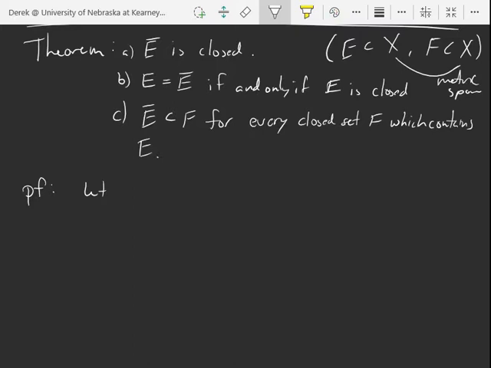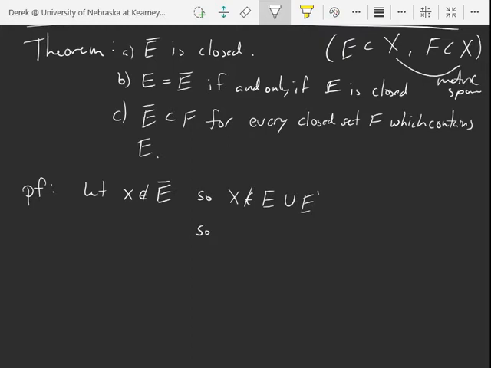We need to show something's closed, right? Well, we have the theorem that its complement is open. A set is closed if and only if its complement is open. So let's use that. Let X not be in E closure. So X is not in E union E prime, right?